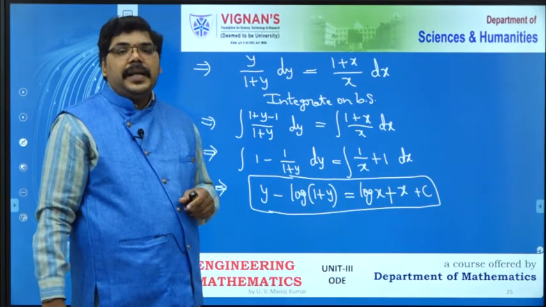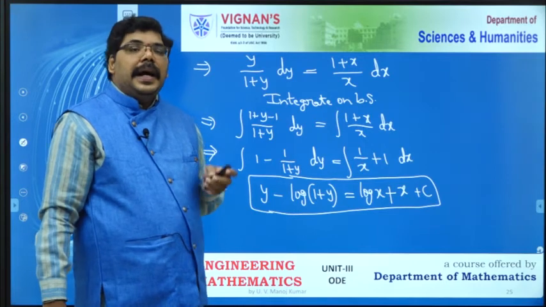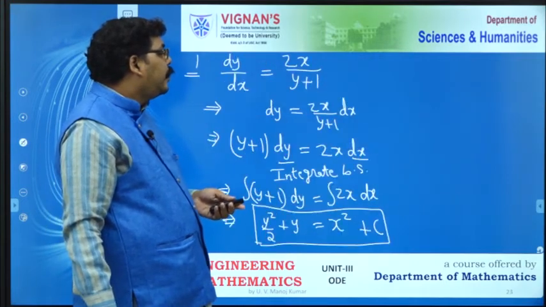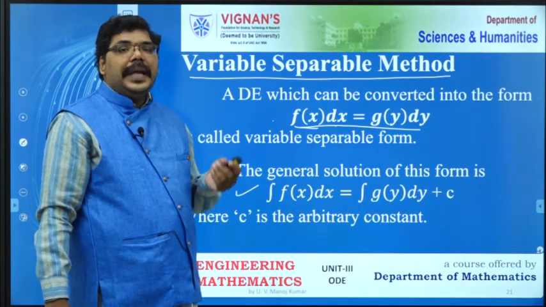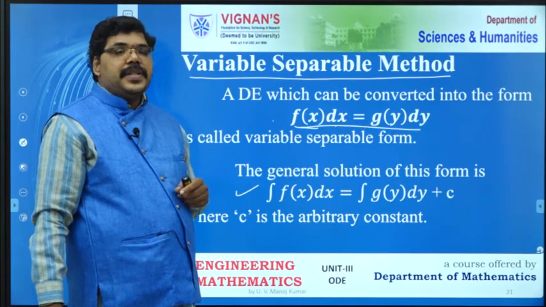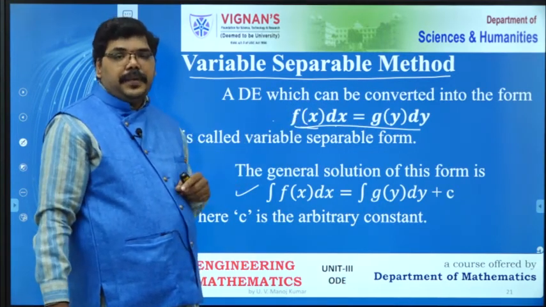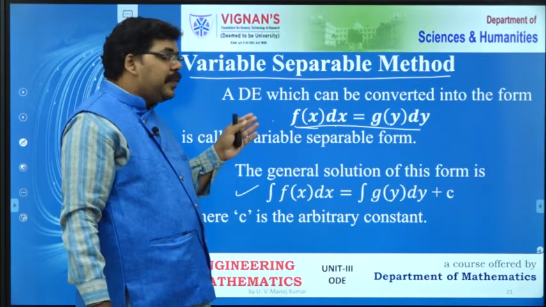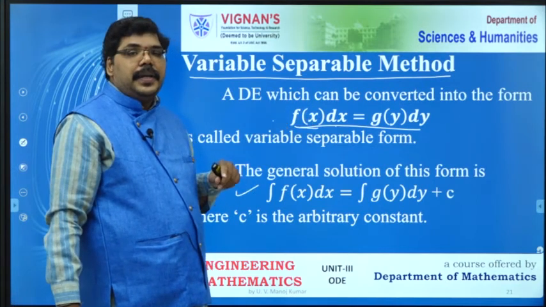So what we have learned is the variables separable method. When a differential equation is given to us and if we can write that differential equation in the form of f of x into dx equals g of y into dy, that means dx is multiplied with the function of x and dy is multiplied with the function of y.